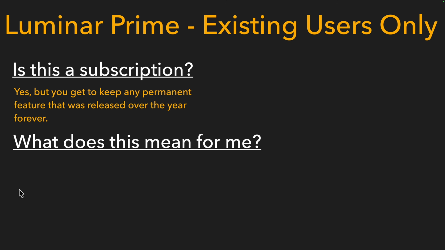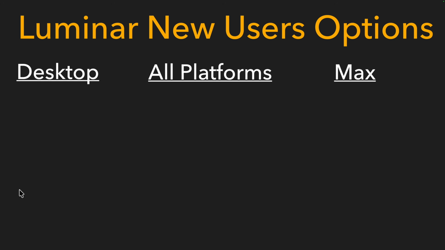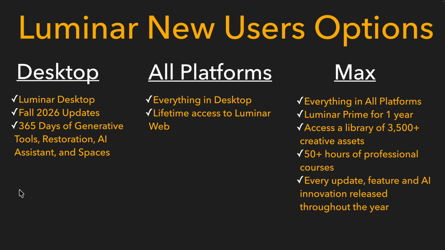And the reason for that is because if we go back to the previous slides here, with the new users, you purchased your license with one of these packages. Now, obviously, depending on when you jumped into the Luminar ecosystem, these packages may not have been built out this way. Like you may be in my shoes where you kind of piecemealed everything together.